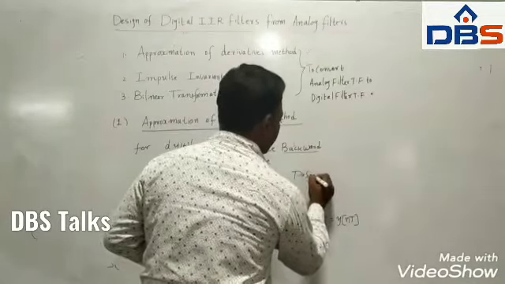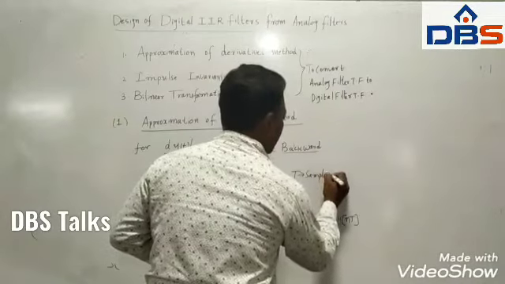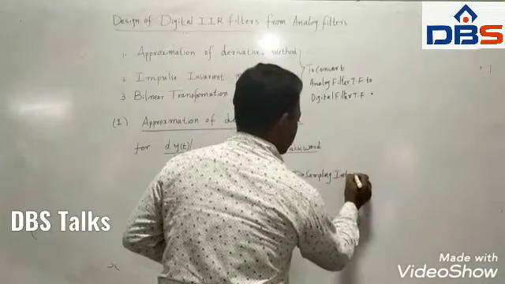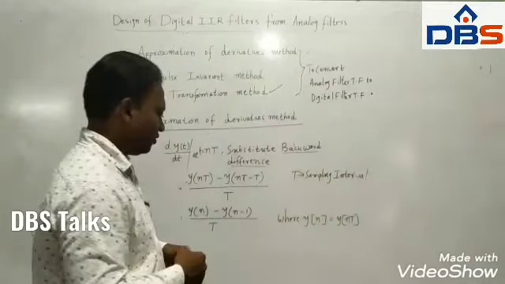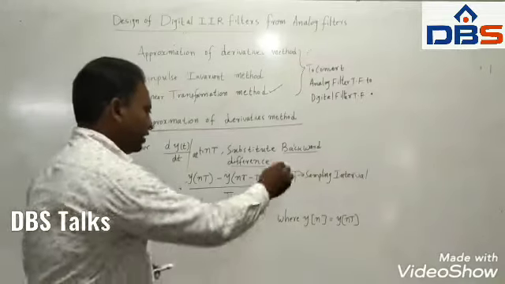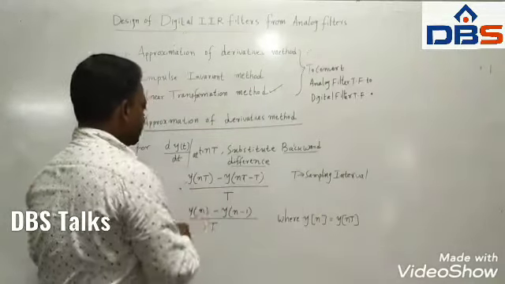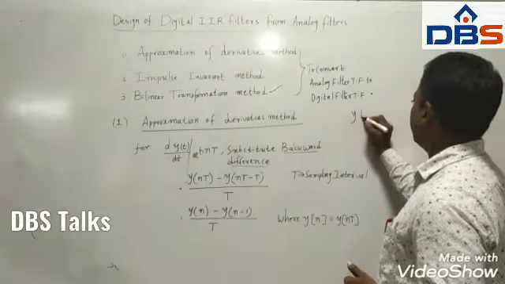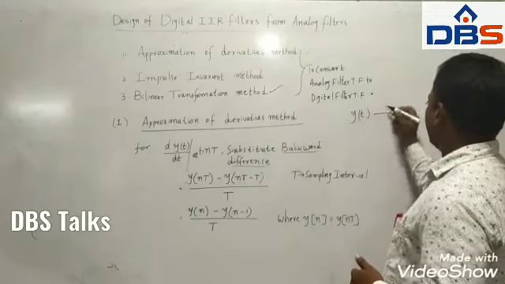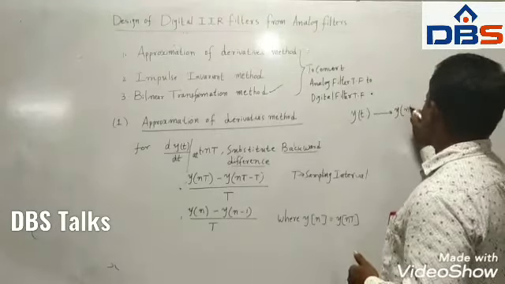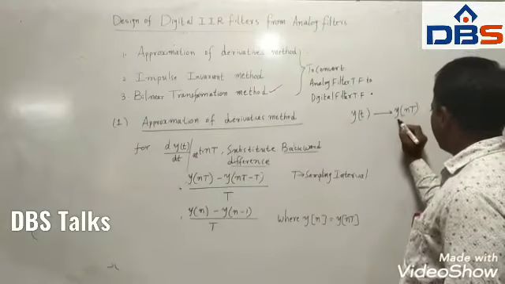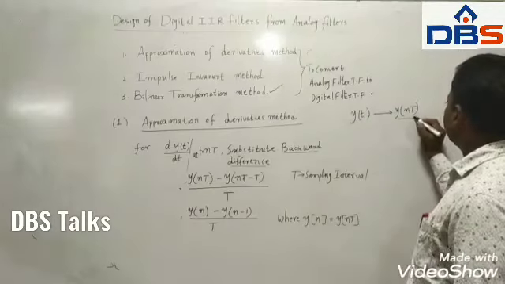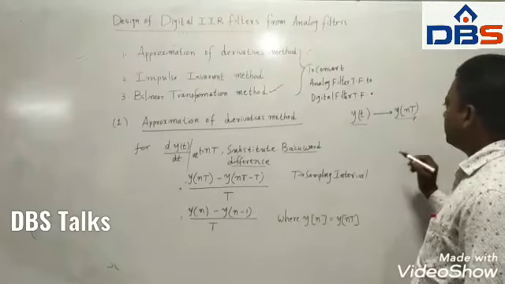To convert an analog filter into a digital filter, we have to sample the signal, and that is what T is. Converting analog to digital means substituting t equal to nT, which is the discrete representation of the continuous time signal.